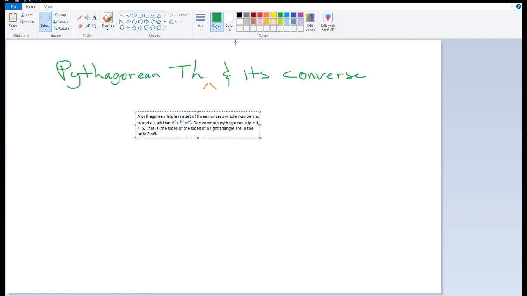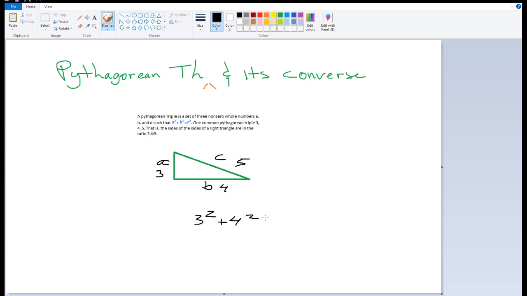Let me show you what this means. Again, this applies to a right triangle. What this means is that if I have a, b, c, all of these values have to be whole numbers. For example, if I have 3, 4 and 5, 3 squared plus 4 squared has to equal 5 squared.